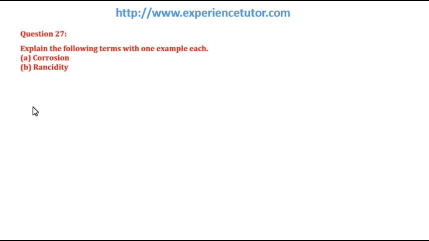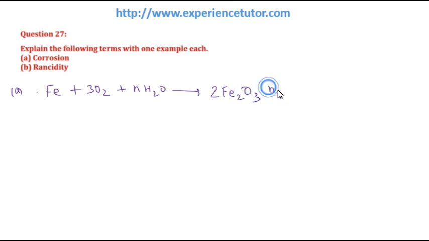The reaction can be written as 4Fe plus 3O2 plus n water molecules gives 2Fe2O3.nH2O. This is hydrated iron oxide. This hydrated iron oxide is rust.